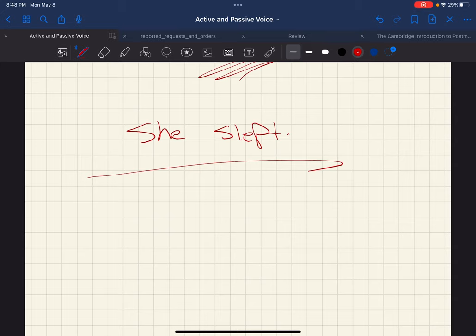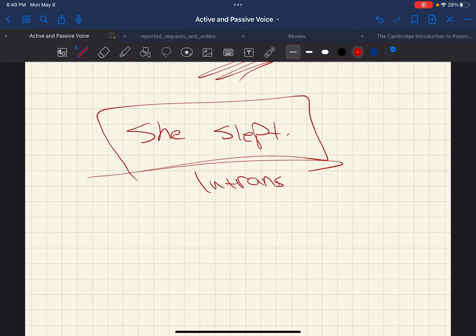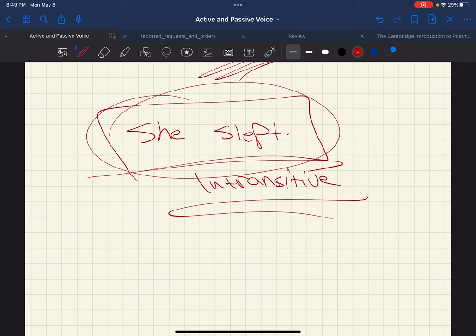You can't say, what did she sleep? No, it doesn't make sense. So verbs like this that do not take an object and that do not go beyond are called intransitive verbs. So in the exam, if you get something like this and you're asked why this can't be turned into passive, you have to say, because the verb is intransitive. It doesn't go beyond the verb.